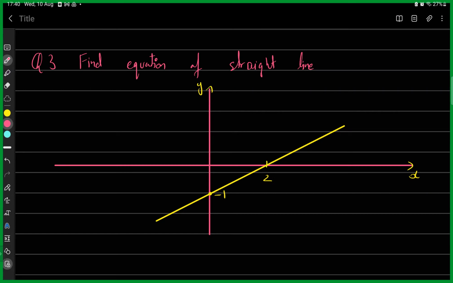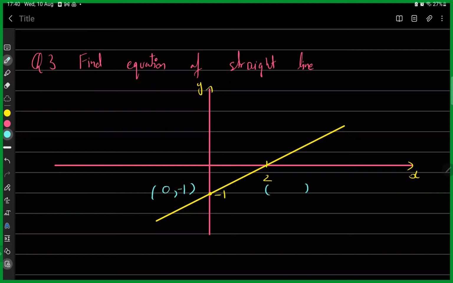Okay, so let's quickly see. Most of you were able to do it, and for this question again, the basic idea was that 2 points exactly were not given. So you need to use the same logic that if the y coordinate is -1 on the y-axis, the x coordinate would be 0 and the y coordinate would be -1.